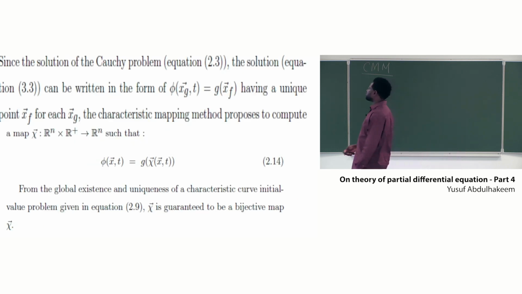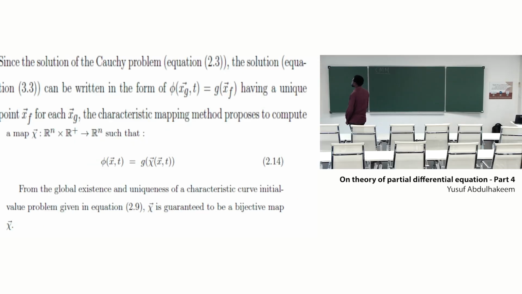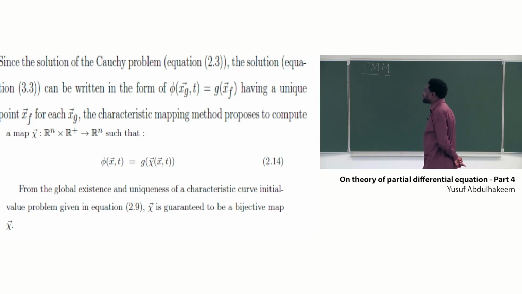Since the solution of the Cauchy problem in equation 2.3, the solution in equation 3.3 can be written in this form, having a unique point x for each x_g. The characteristics mapping method proposes to compute a map X such that phi of g equals phi of x comma t equals g of this.